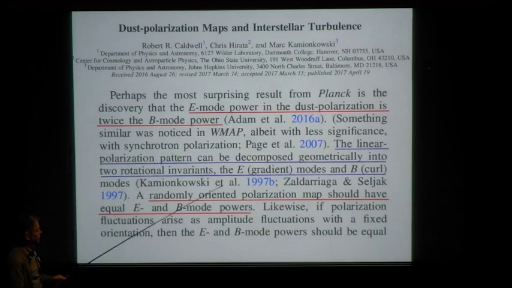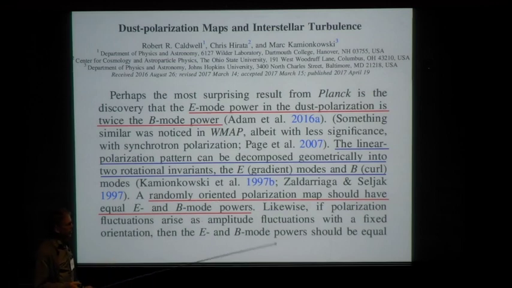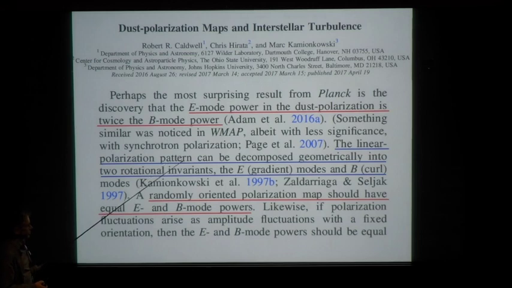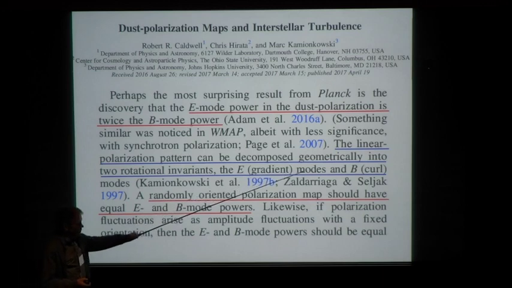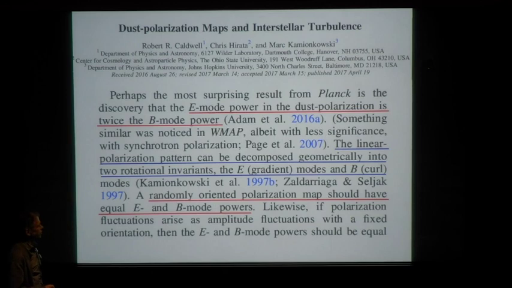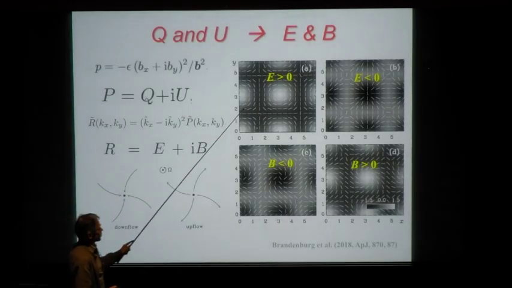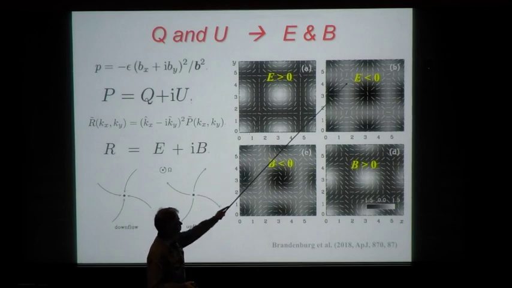Now, what are they? They are the linear polarization patterns decomposed into geometrically rotationally invariant E gradient-like modes and B curl-like modes, and I will explain that. Here you see examples of two such patterns. Here are two examples of E-mode patterns.